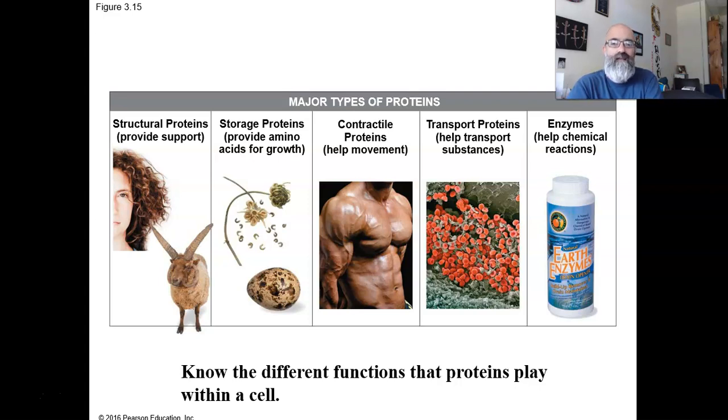Okay, so these are a couple of lectures where I think you have to have some self-discipline to put your nose to the grindstone and read through this idea of transcription, translation, mutation, and how it affects proteins.